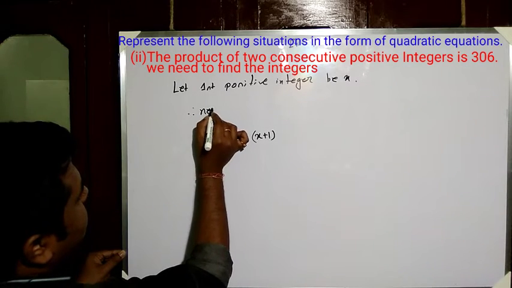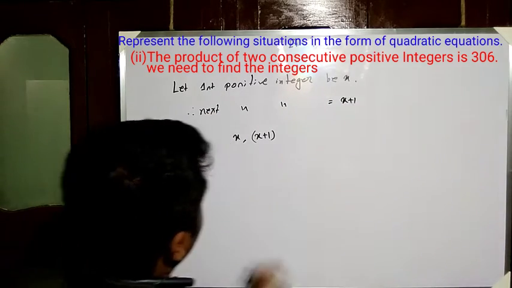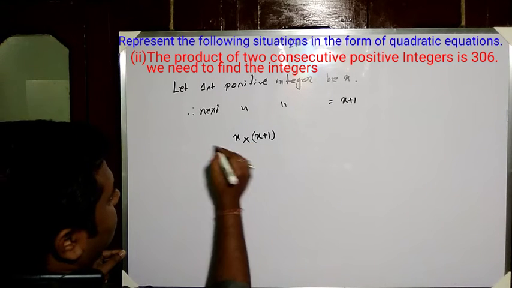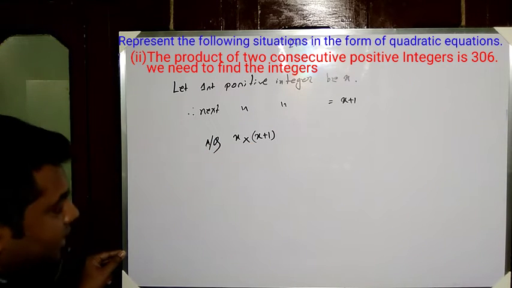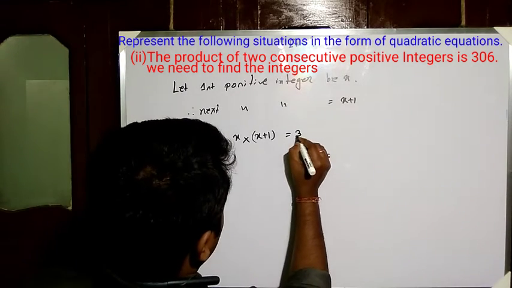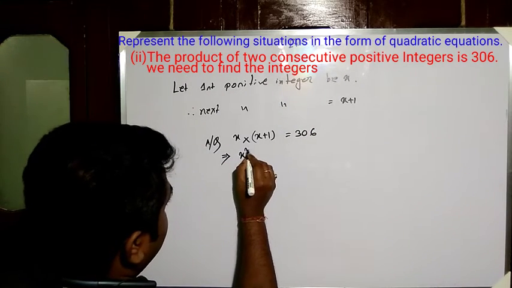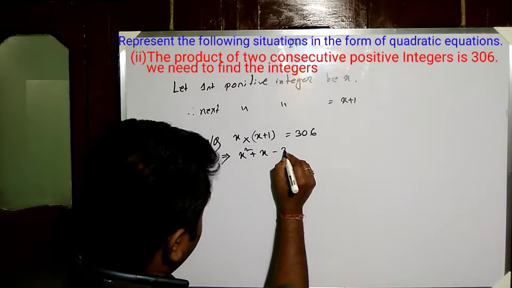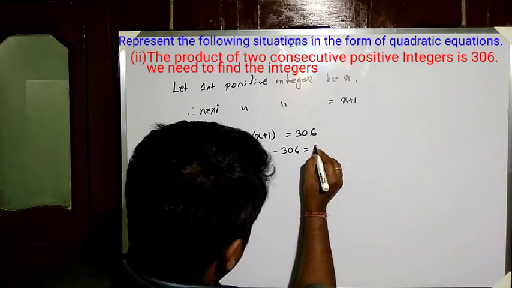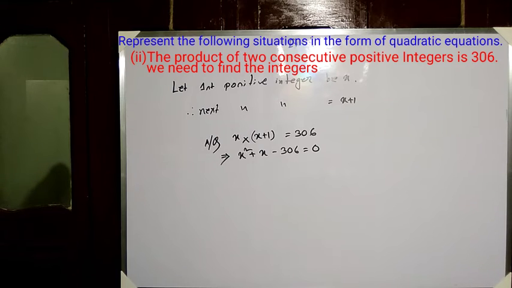Therefore the next positive integer equals x plus 1. According to the question, x into x plus 1 equals 306. It implies x square plus x minus 306 equals 0. So this is the expression.